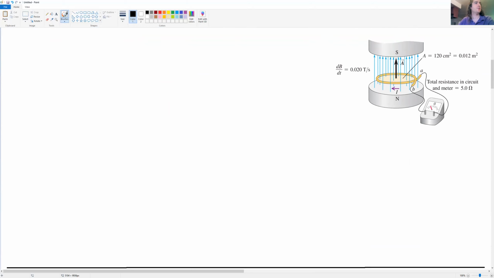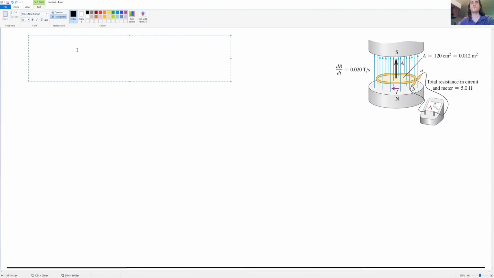Okay, so for this example here, we have a nice figure that I just pulled from the book. Let me give you a bit of a problem statement to go with it. We just want to find the induced EMF and the induced current.